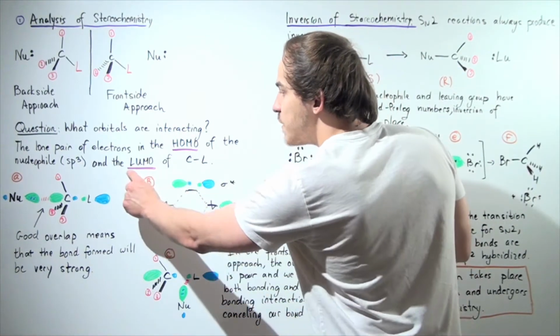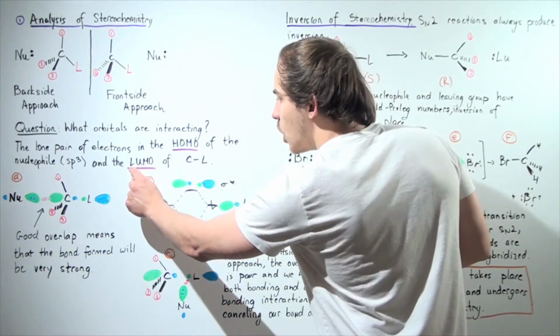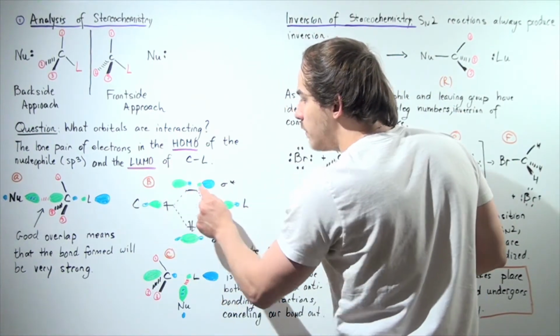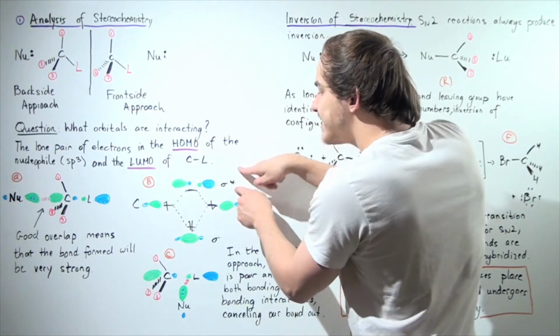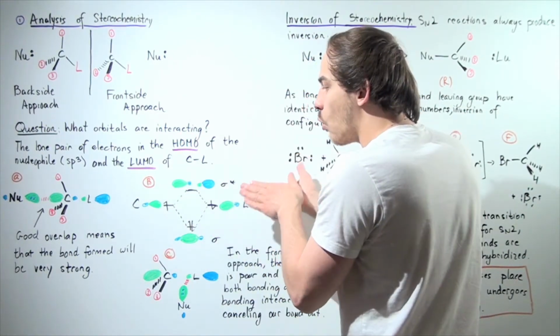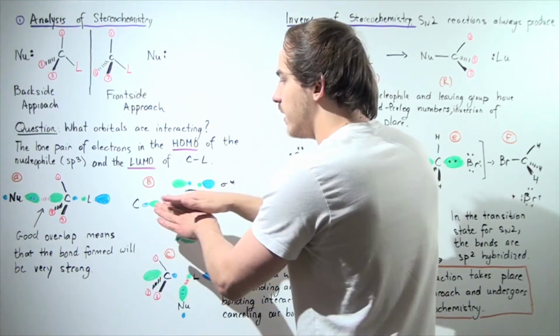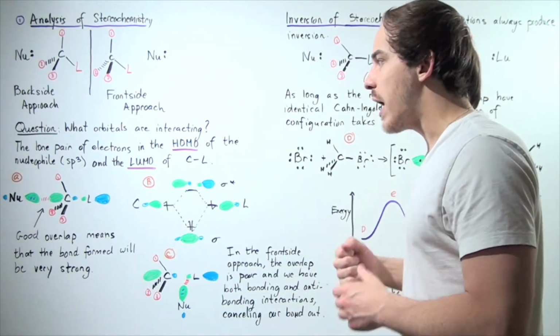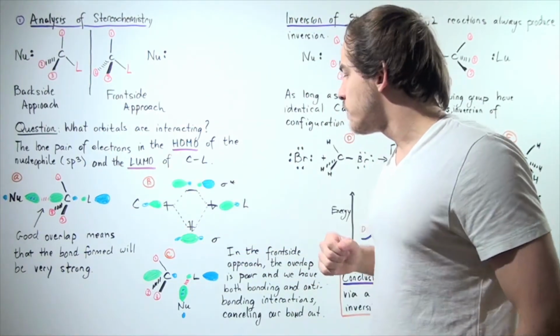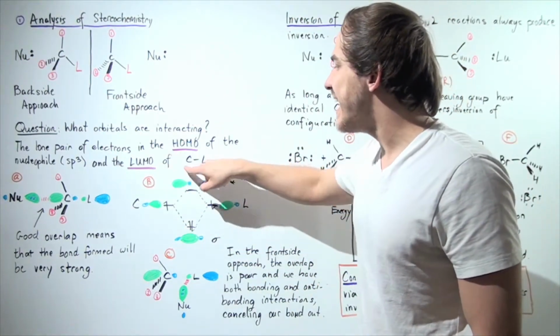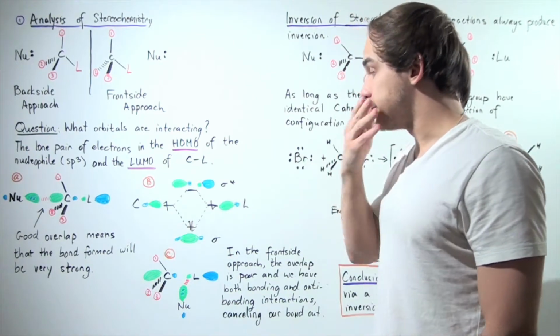So that means this is our LUMO. Our lowest unoccupied molecular orbital is the anti-bonding molecular orbital of the carbon-L covalent bond. So our HOMO is found on the nucleophile, and our LUMO is found on the C-L bond.